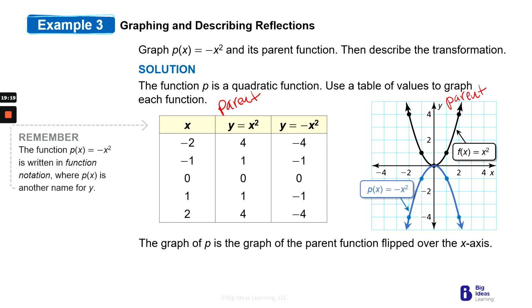So here's our parent, they use p of x, so here's p of x showing how it changed to go down there. Again, the table is not needed, but it's a good strategy if you need it.